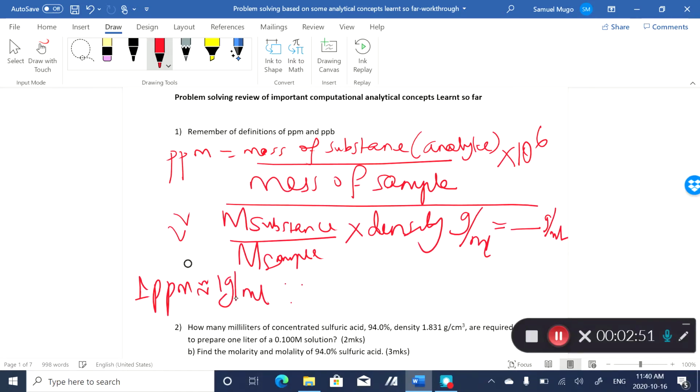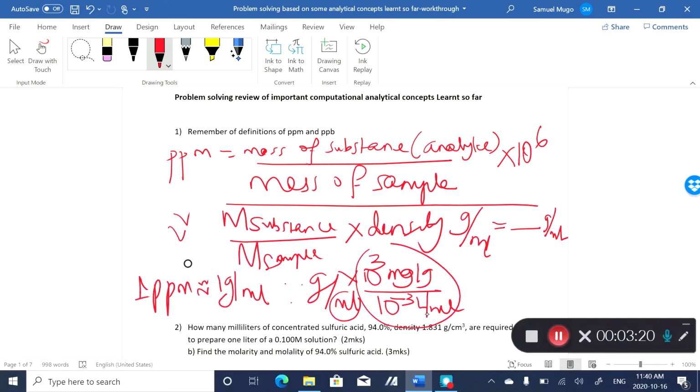And as such, you can take the grams per mL and convert that to milligrams, which is 10 to the power 3. And then the mL, you can convert to liters, which is 10 to the power minus 3 liters per mL. And so in the end, you can see this becomes about 10 to the power 6.